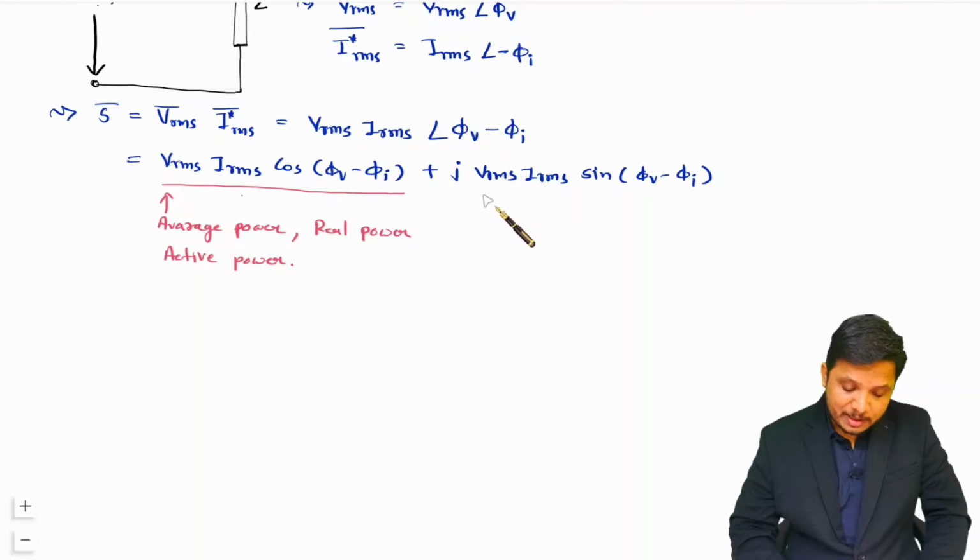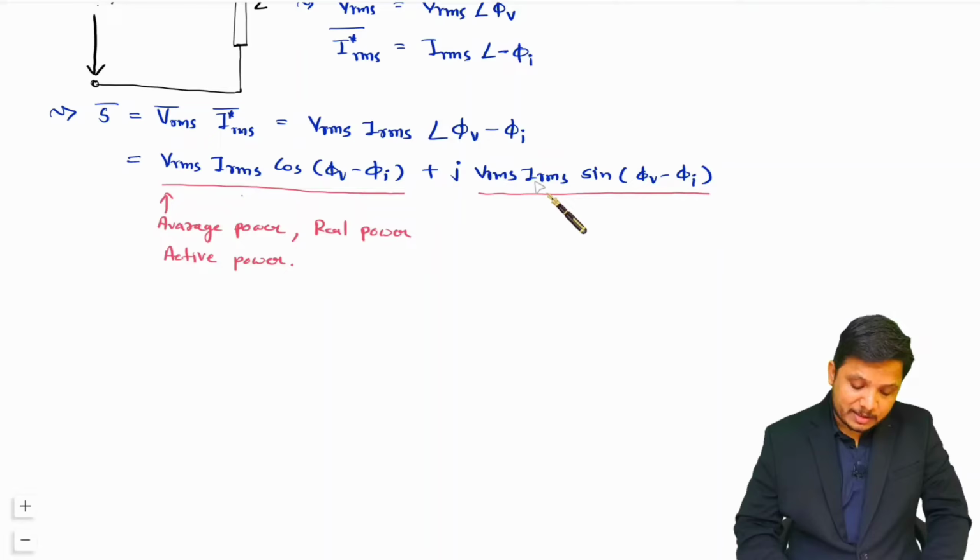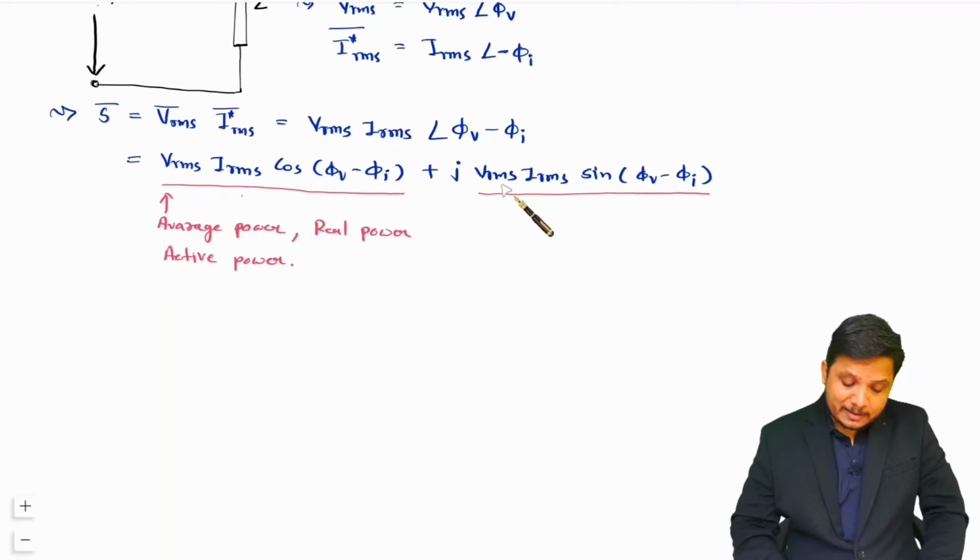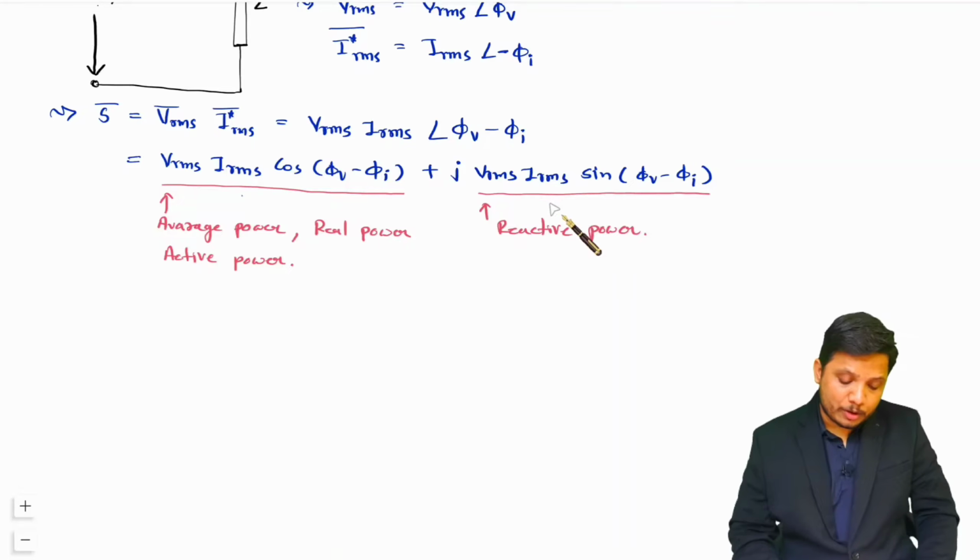And this imaginary component, having an imaginary part, is reactive power. Now why is it reactive power? That is because it is there with respect to inductive and capacitive loads.